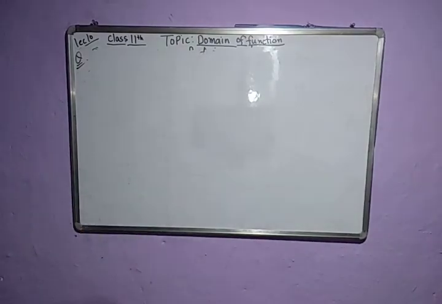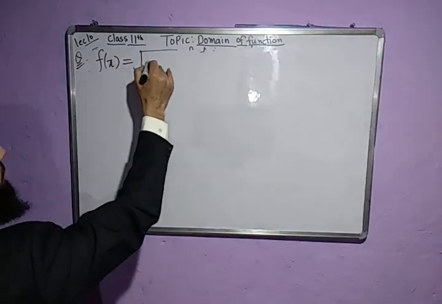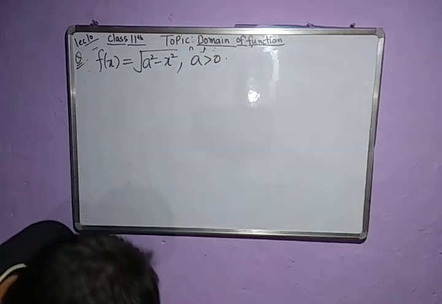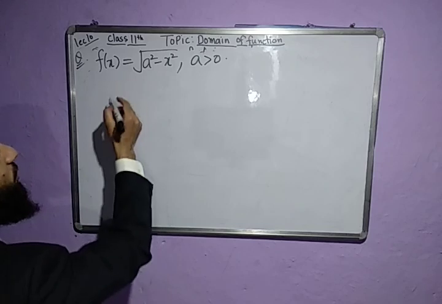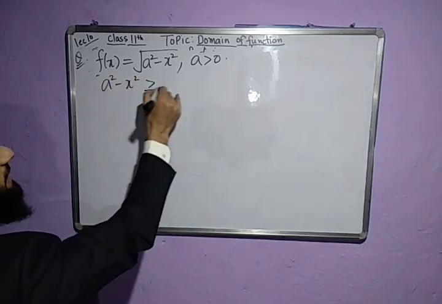I have a question. f of x is equal to under root of a square minus x square, where a is greater than 0. You have to find the domain. For this function to be defined, a square minus x square should be greater or equal to 0.